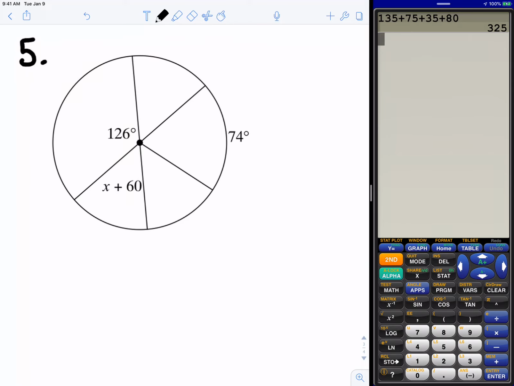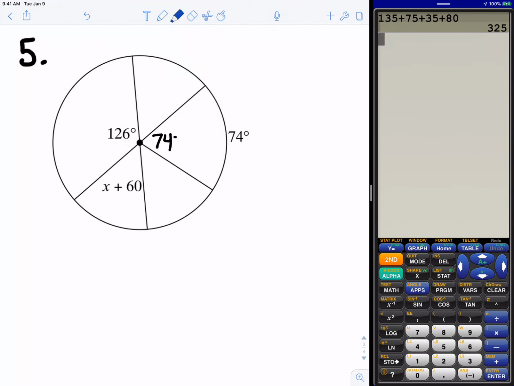All right, so this one I have kind of a variety of things. I could put the 74-degree angle right here because that 74-degree angle is what's intercepting the 74-degree arc. But that doesn't help me too much because I don't have measures for everything in this circle. I do have a couple of diameters, so I could check those.